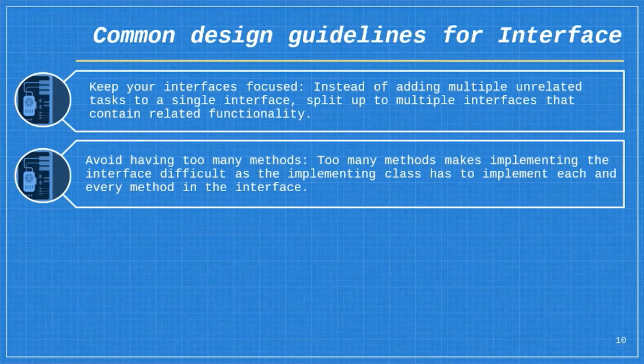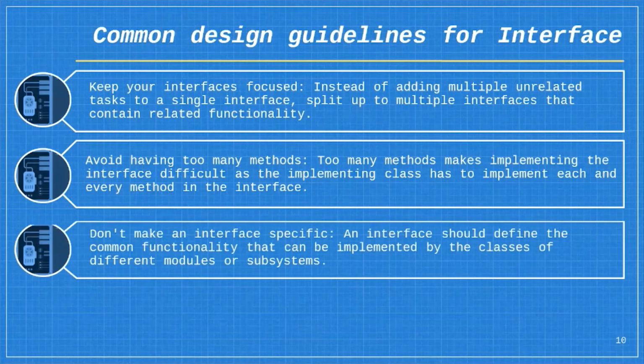Never add all the methods into one interface. Try to categorize and make your interface more specific to related functionality, and separate those methods into more than one interface. In that way, it will become more maintainable and more useful.